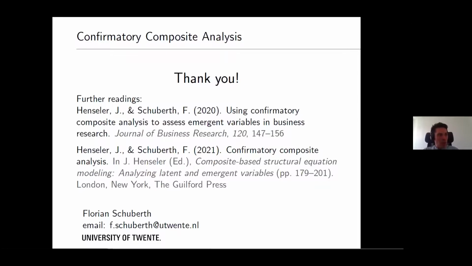Okay, so whether it is required depends a little bit. I don't want to equate the composite model with measurement, so I do not refer to measurement invariance. But if you have, for example, a concept like socioeconomic status and you want to compare it across countries, then you should also investigate invariance.